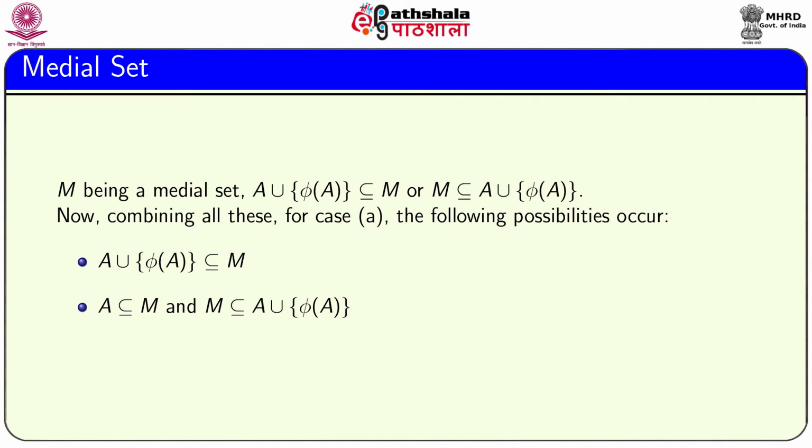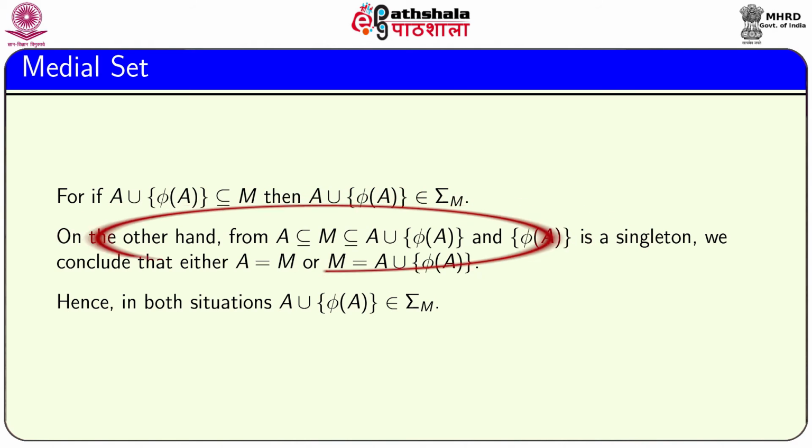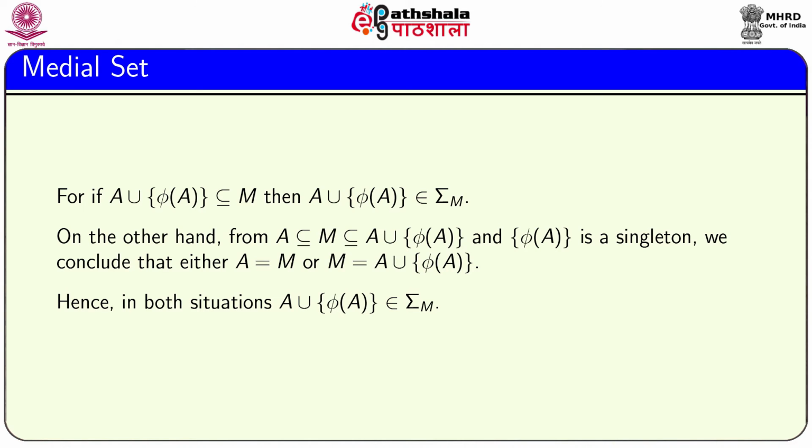A union the set phi A is contained in M, or A is a subset of M and M is a subset of A union set phi A. So, if we have A union set phi A contained in M, then of course, A union set phi A is inside sigma M. On the other hand, from A subset of M subset of A union set phi A, and set phi A is a singleton, we conclude that either A is equal to M or M is equal to A union the set phi A. Hence, in both situations, A union the set containing phi A is inside sigma M.